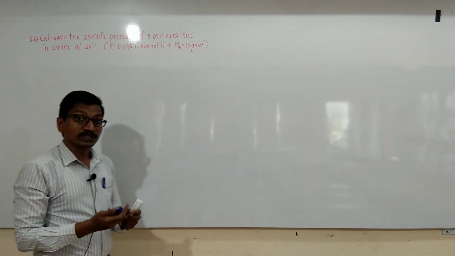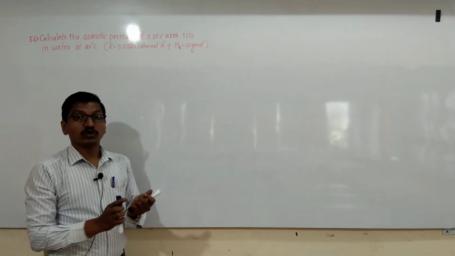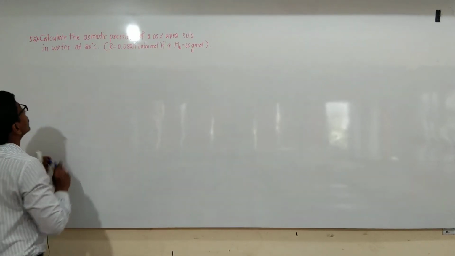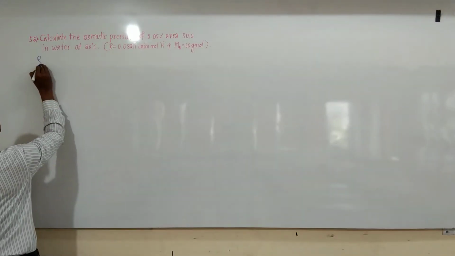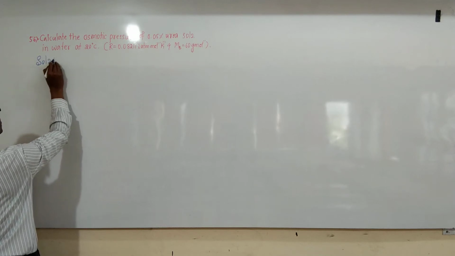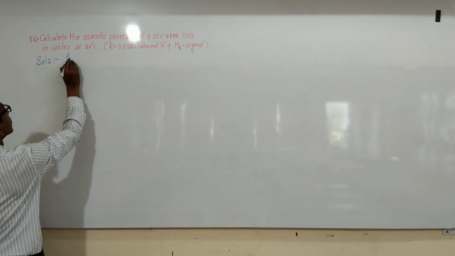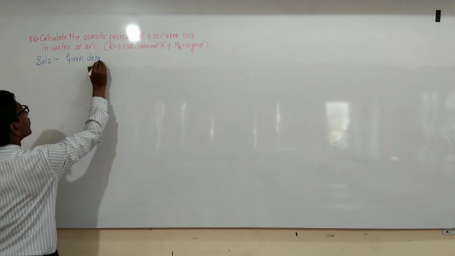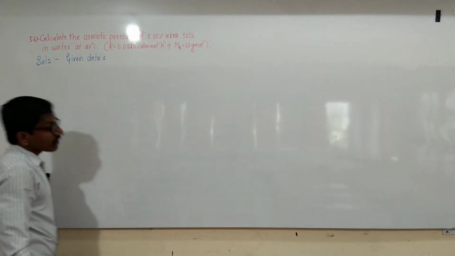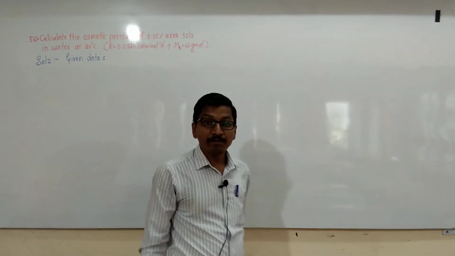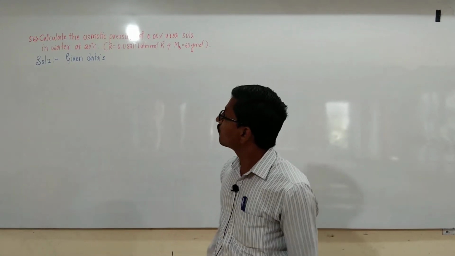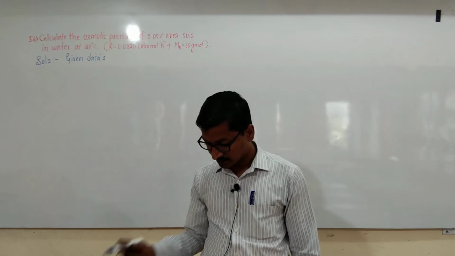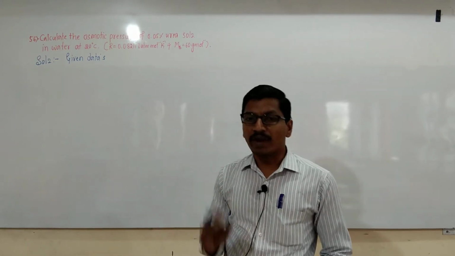First two problems are calculation of molar mass. This problem is calculation of osmotic pressure. Here given data are, in this problem, osmotic pressure of 0.05% urea solution in water at 20 degrees Celsius. This is the statement.